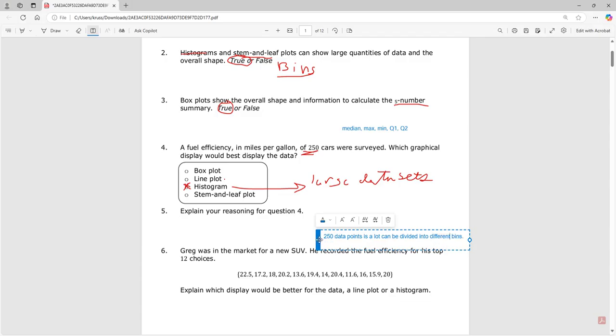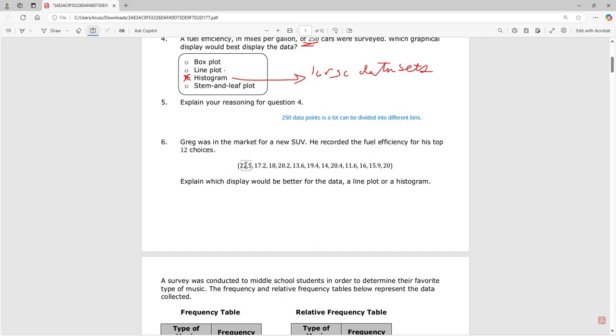Okay, so let's go to number 5 here. Greg, he's looking for a new SUV, and these are the fuel economies of the SUV. A line plot or a histogram. So there aren't any repeating values here, right? These are all different values in the data set, right?